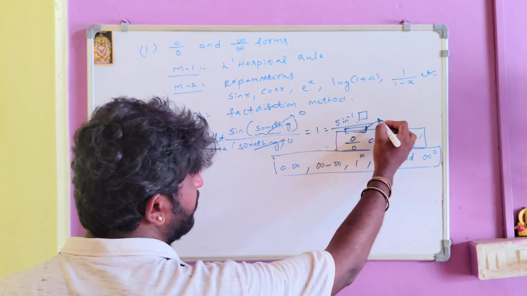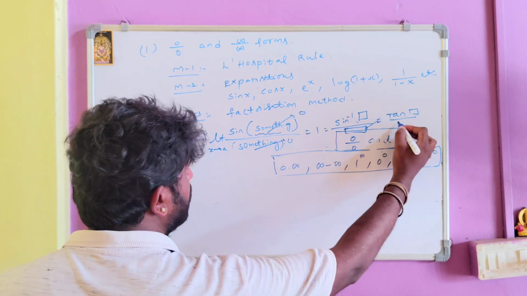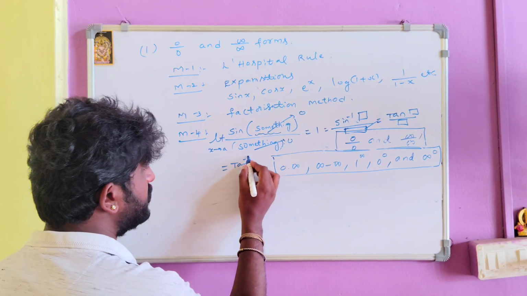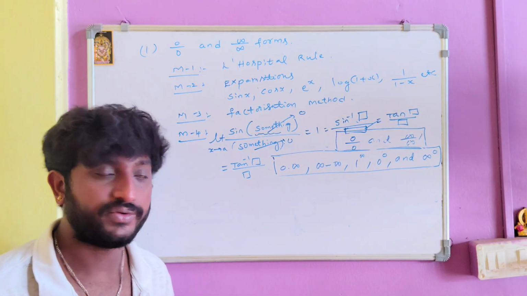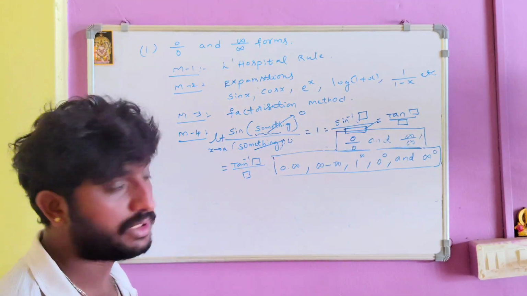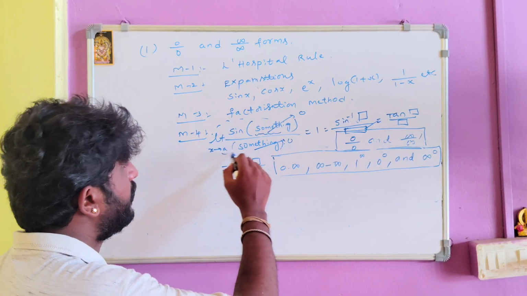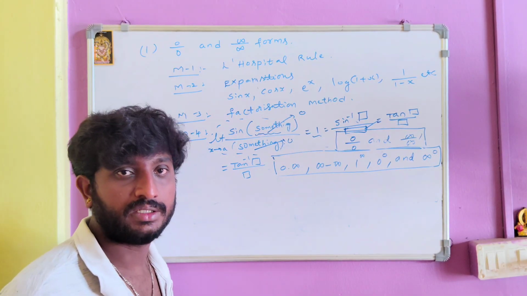It is the same for tan something by something, and tan inverse something by something. If you encounter any of these forms, you can replace the entire limit with 1.